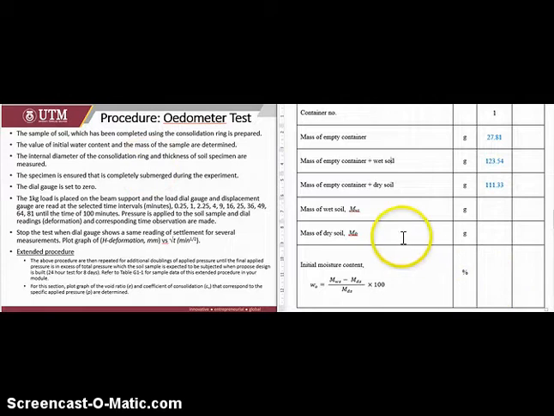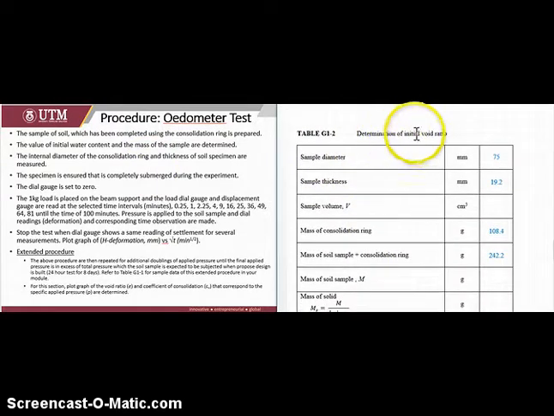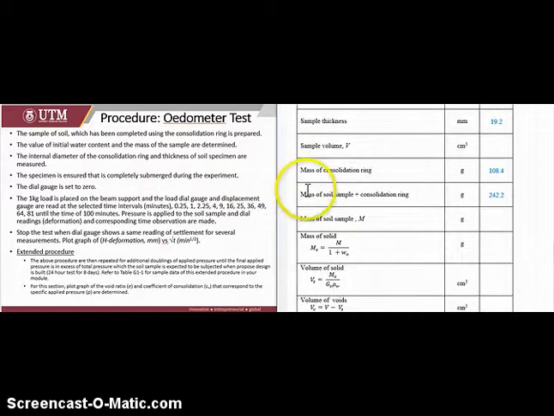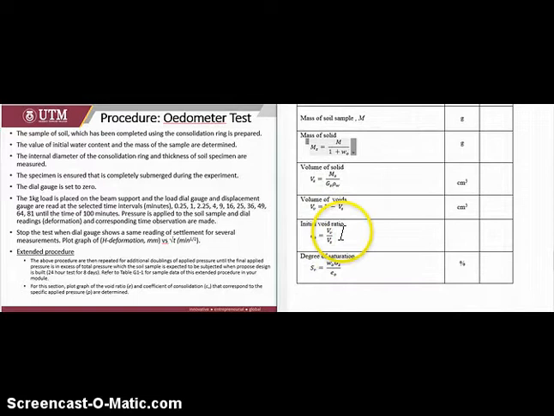And after that, in table G12, you need to determine the initial void ratio. So what you do is you have to measure the internal diameter, you have to measure the thickness, because you want to take the volume, and you also measure the soil sample together with the consolidation ring mass, and from there you can obtain the initial void ratio and also the degree of saturation.